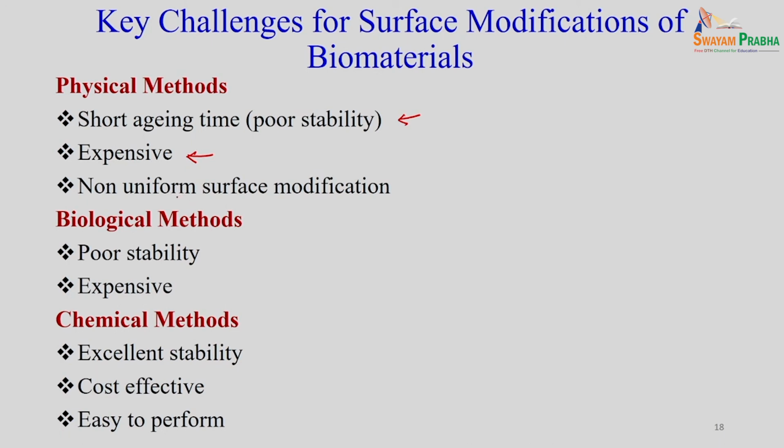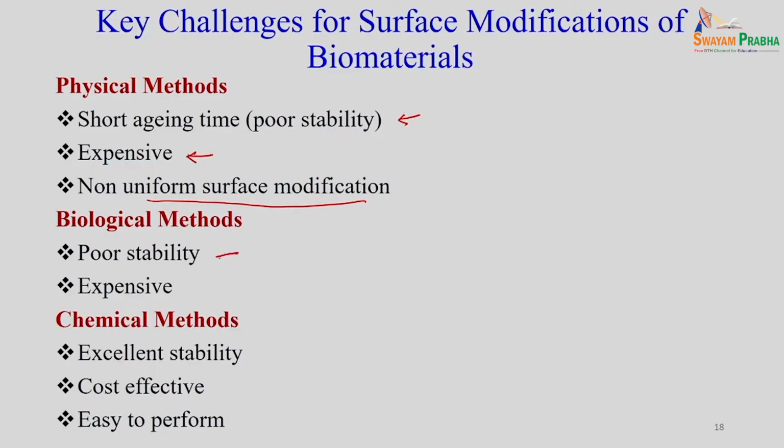Again, a major drawback is that we end up with non-uniform surface modification, because it depends on many factors, and also the target is evaporated, comes in the gas plasma and gets deposited. Also, as this is a physical method, stability in biological fluid and adhesion strength between the coating and surface is still a concern.